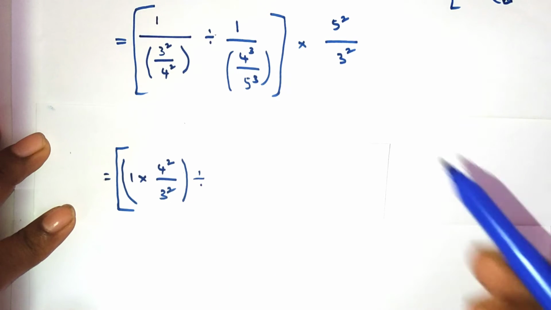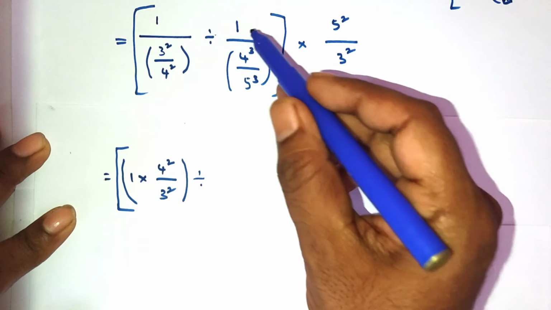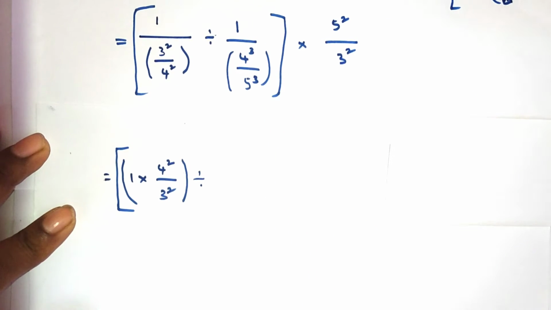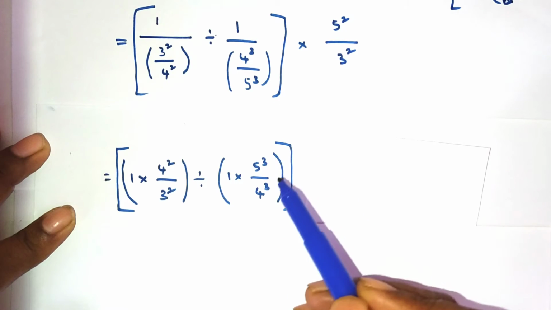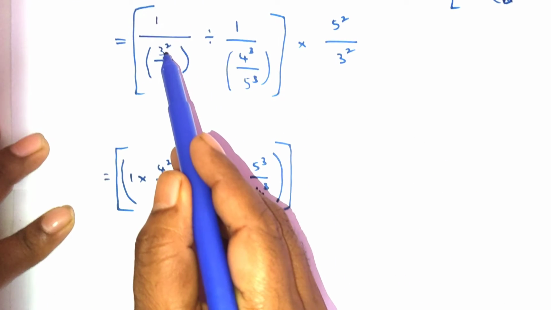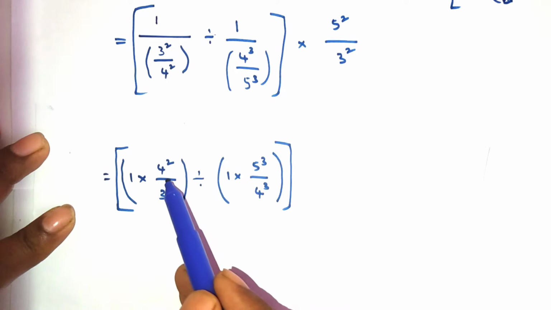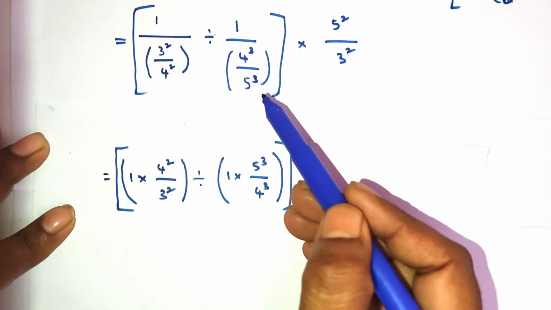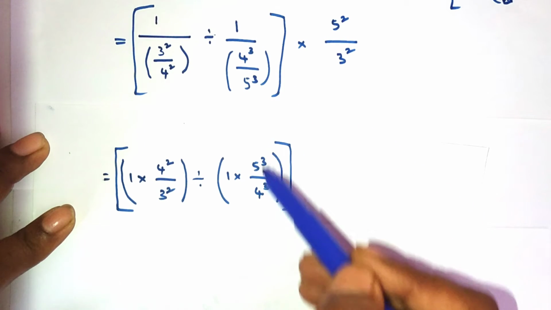In the same way, we reverse this fraction and multiply with 1. See here, the numerator became the denominator and the denominator became the numerator. Here also, the denominator became the numerator and the numerator became the denominator.